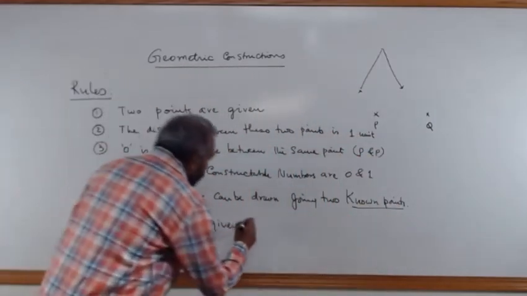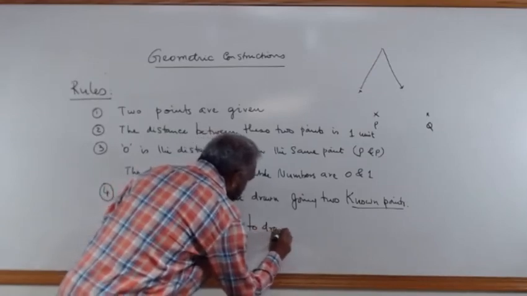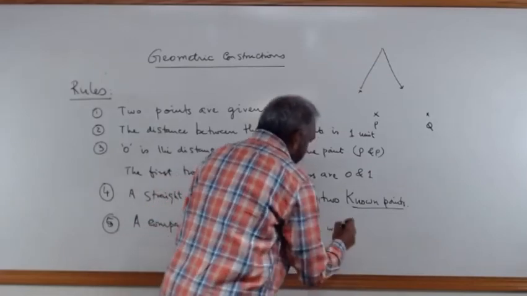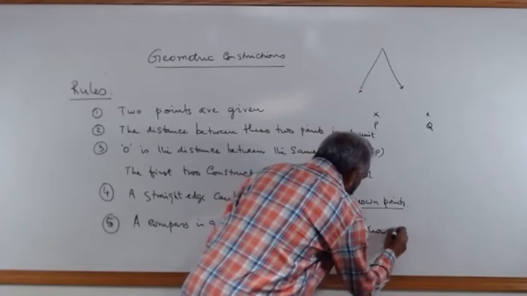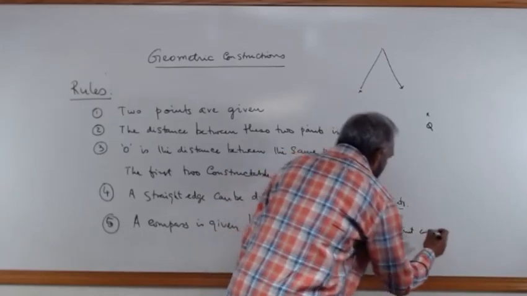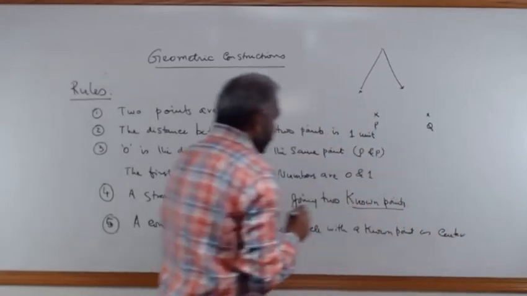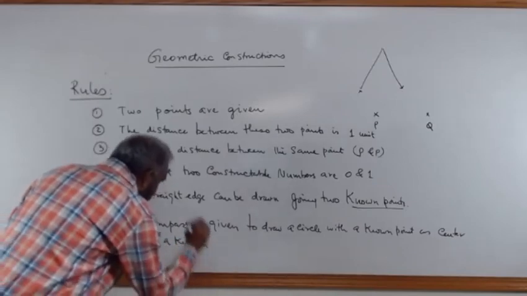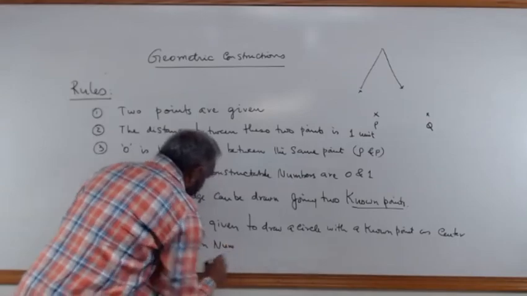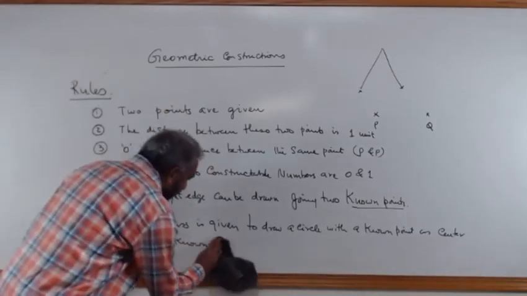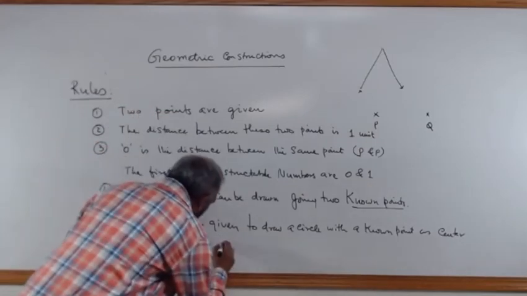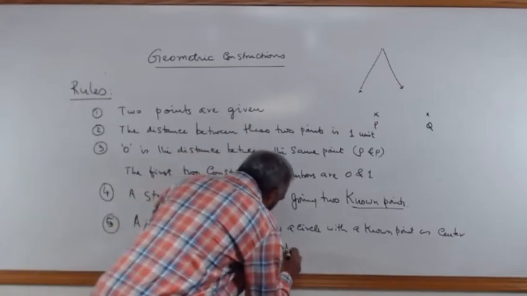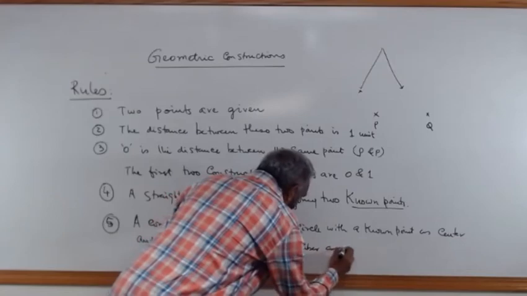A compass is given to draw a circle with a known point as center and a known constructible number as radius.